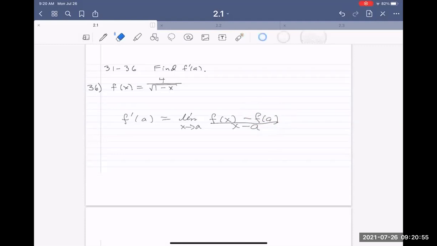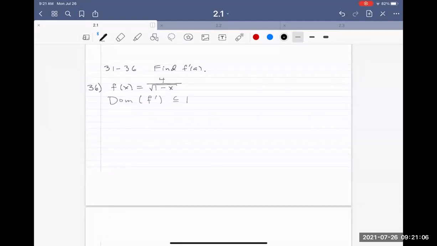And so no matter what, we must have that the domain of f prime is smaller than or equal to, it could be equal, of course, the domain of f.